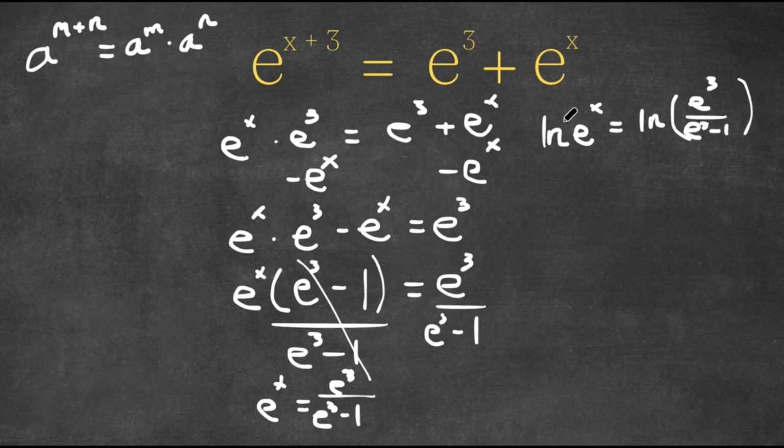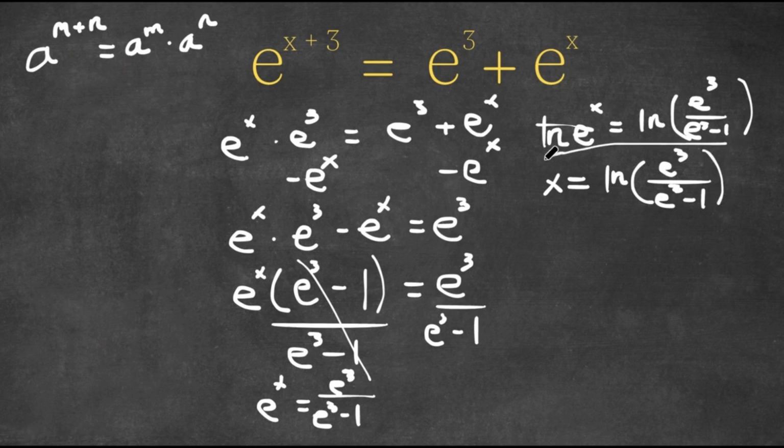And if we take the ln of e, these two would cancel out, and we would simply be left with our exponent, which in this case is x. So we would have x is equal to ln of e to the power of 3 over e to the power of 3 minus 1. So this is our answer.